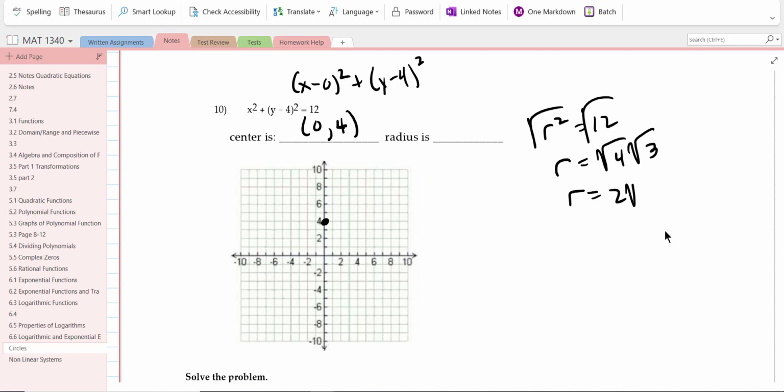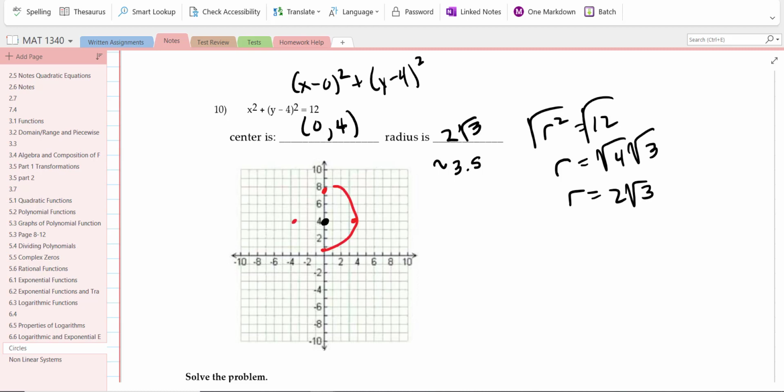So I'd be looking on that for you to have as your radius 2 root 3. And what is 2 root 3? Was that about 3.5-ish or something like that? About, okay, right? So then what you'd have on this is just go over to the right about 3.5, 1, 2, 3.5 up, and so forth.